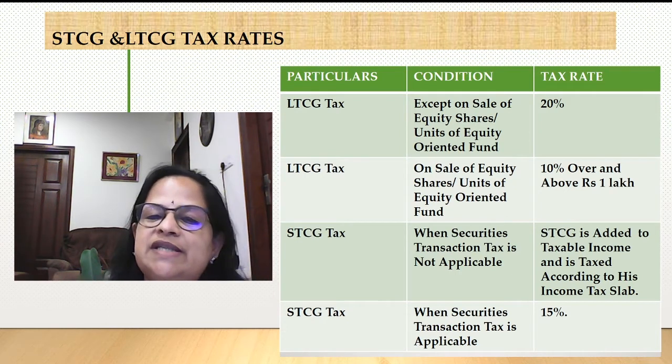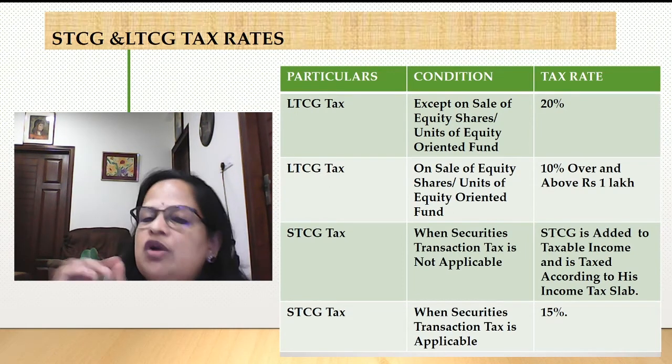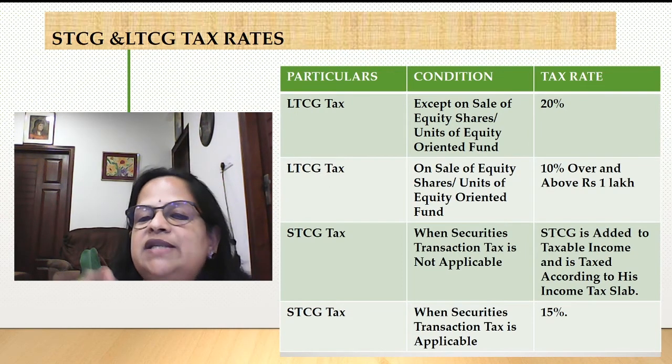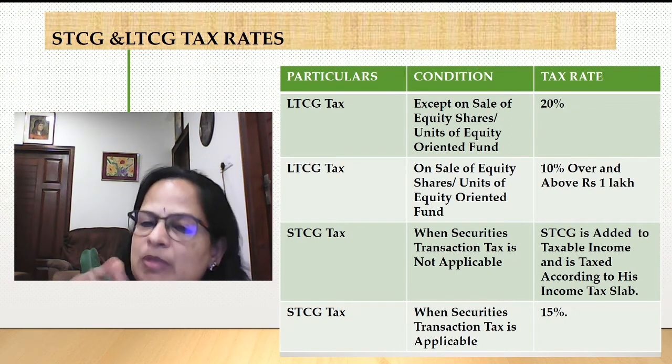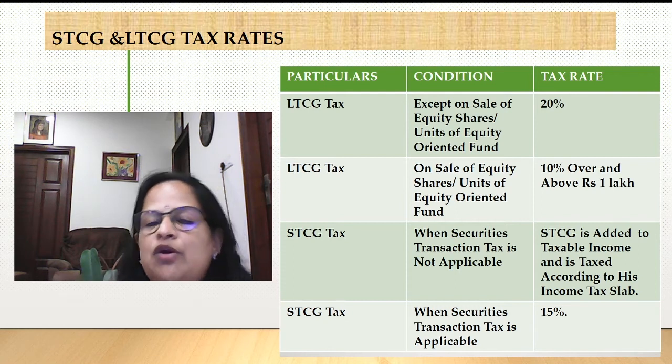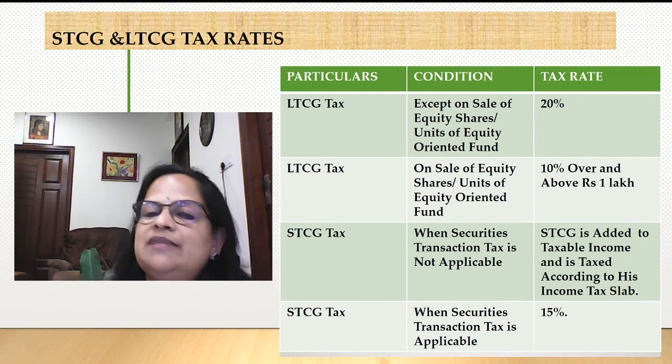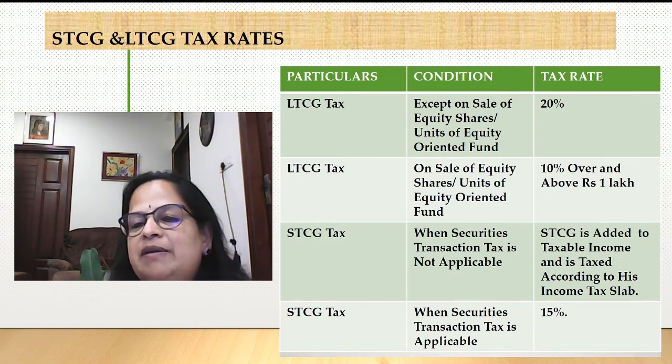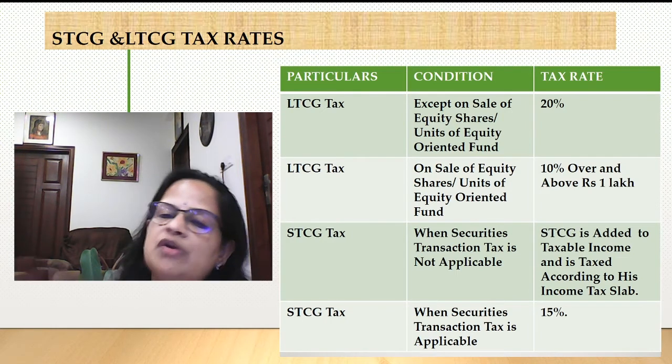Now STCG tax is when securities transaction tax is not applicable. The short form you have to remember is STT, Securities Transaction Tax. It will be mentioned in the question whether securities transaction tax is paid or not. In that case, STCG will be considered just like any other taxable income and added to our taxable income.